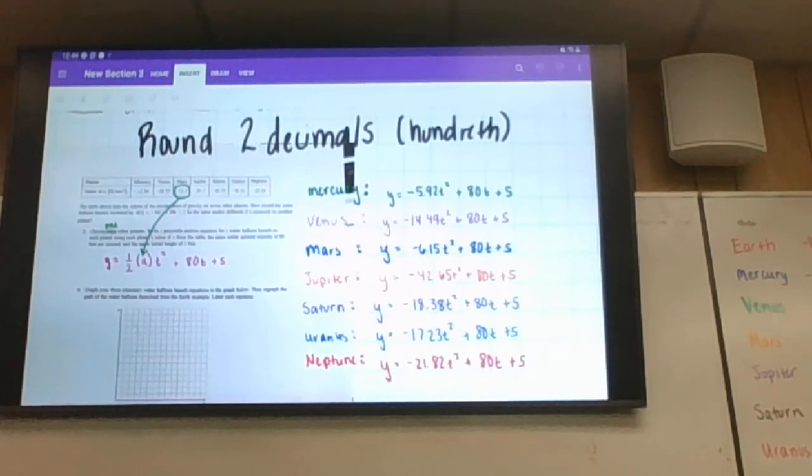Plus 80. 80 times 1.5. 146.4. 73.07. Okay, so we have to regraph the Earth. We have to graph the Earth one and graph the Mars one. 78.33.